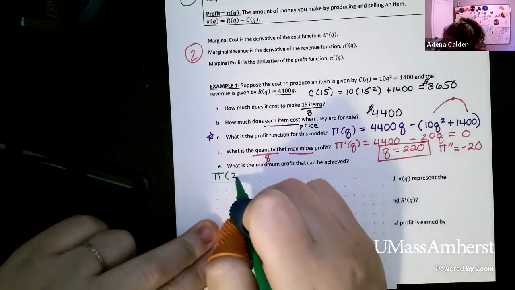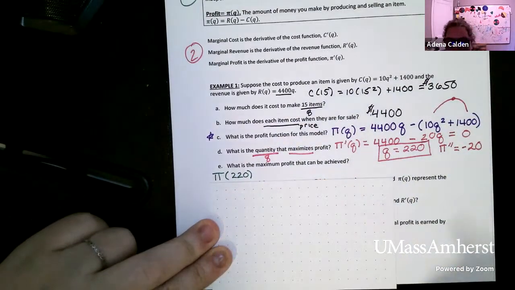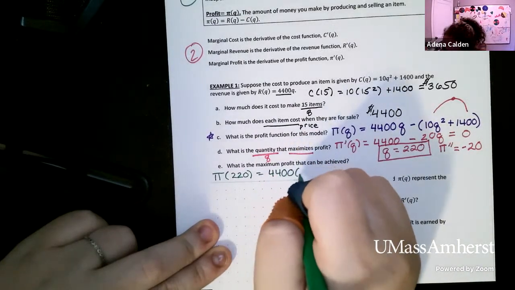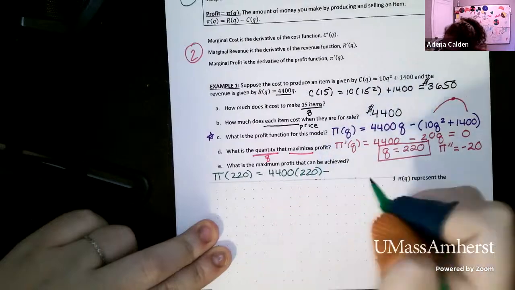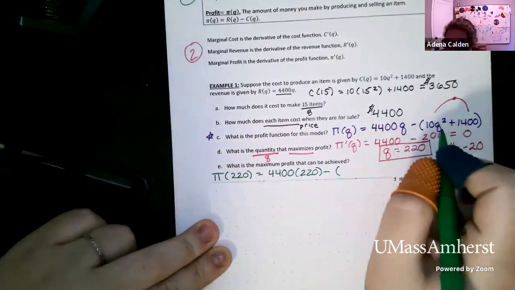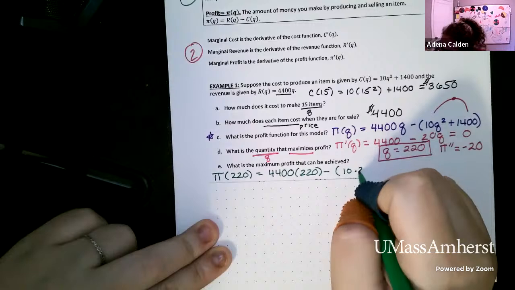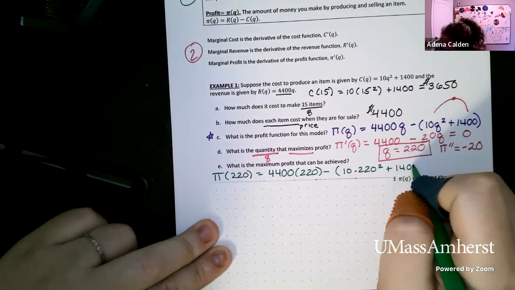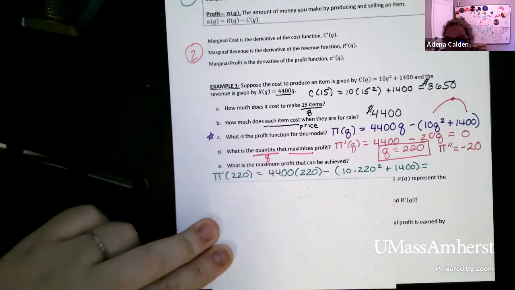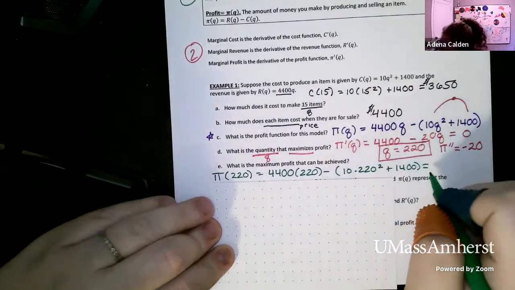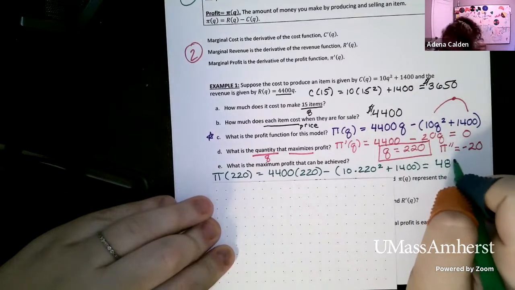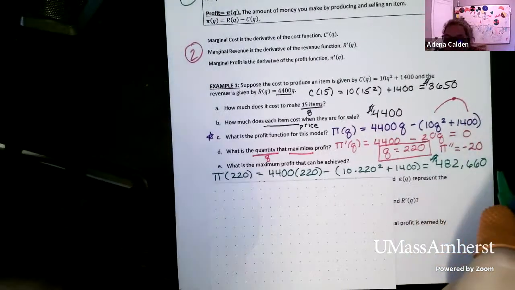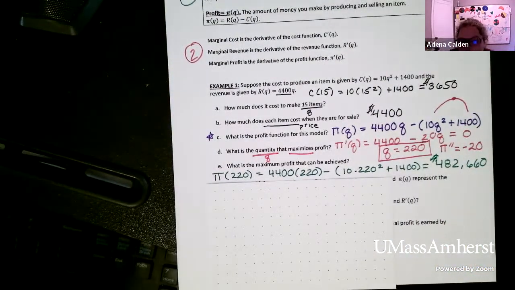So we take our 220 and we plug it into our profit equation, and we get 4,400 times 220 minus 10 times 220 squared plus 1,400. Okay, if we crunch that number, we get $482,660.